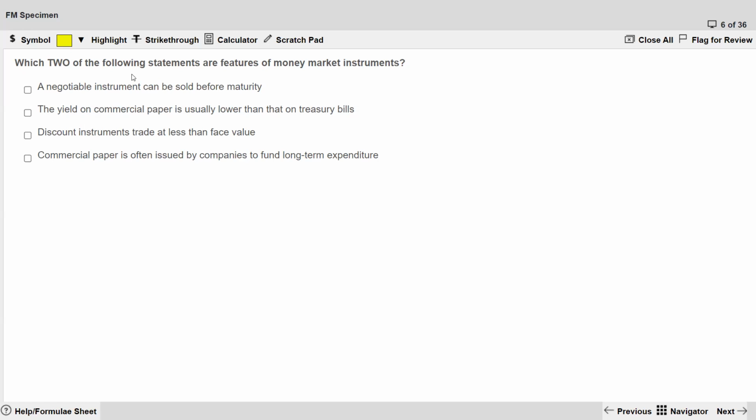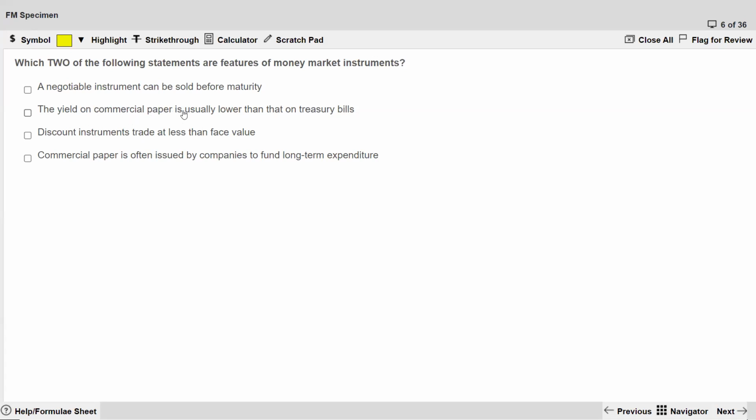Now, which two of the following statements are features of the money market? With respect to money market instruments, it says a negotiable instrument can be sold before maturity. The yield on commercial paper: commercial paper is bonds issued by organizations.